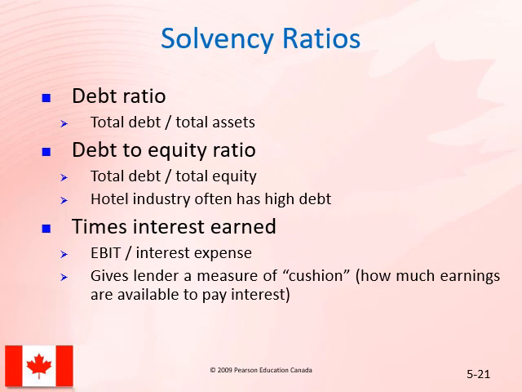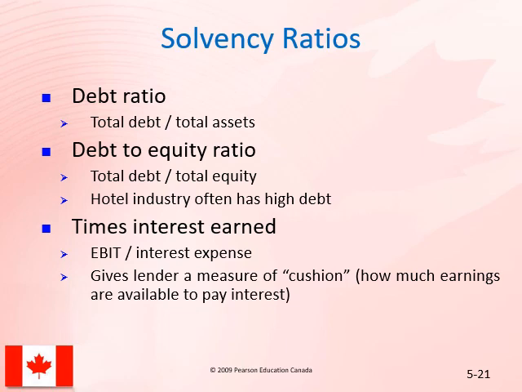Next, we have solvency. Solvency ratios, again, measure long-term debt, or the ability to meet long-term debt. The debt ratio is your debt as a percentage of your total assets. This ratio will depend upon which industry we're talking about.